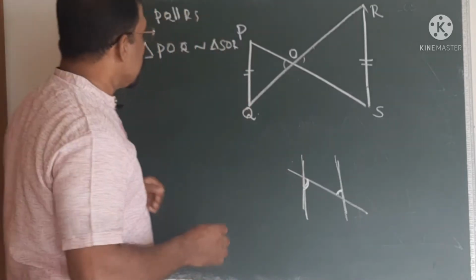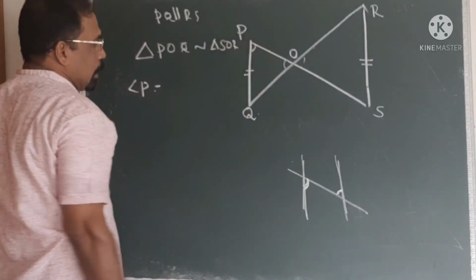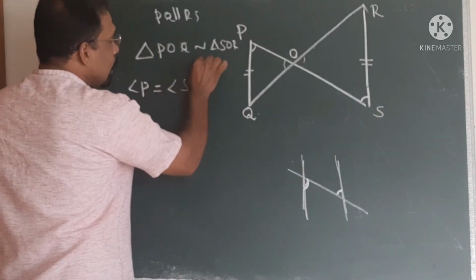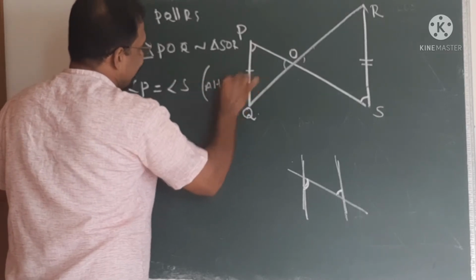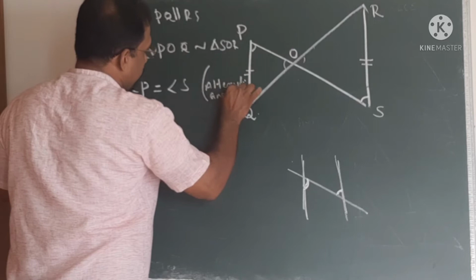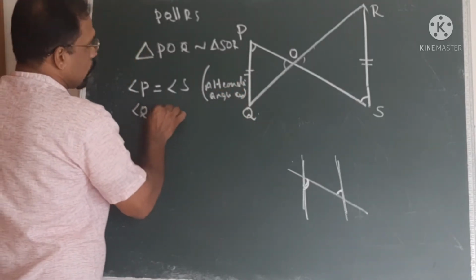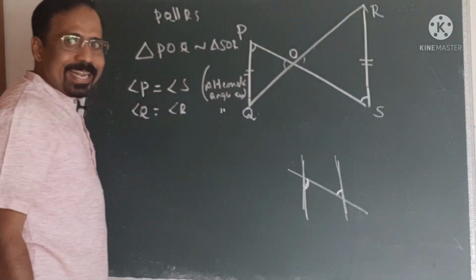So first of all, we know that angle P is equal to angle S, the reason being alternate angles. Alternate angles are equal. And we know that angle Q is equal to angle R. Same reason, these are also alternate angles.